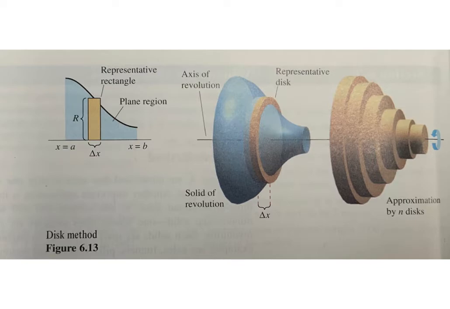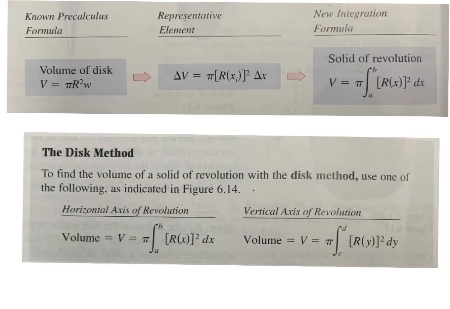And so this is where we get the information that they have on this page here, on page 422. Known pre-calculus formula is pi r squared w, or pi r squared height, if you were to do it from like a perspective of a cylinder. Now, if we were to change that out with function notation here, then you would say, well, we're talking about a radius being a function. So the radius function squared. And instead of your height or your width, we're talking about change in x, delta x.